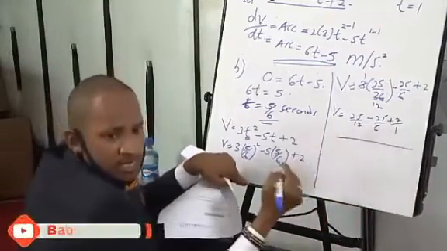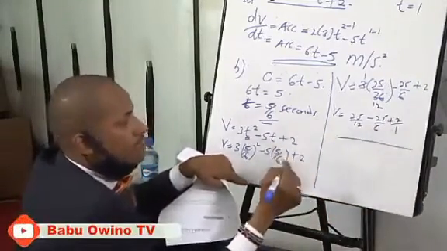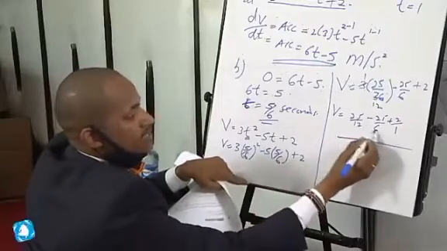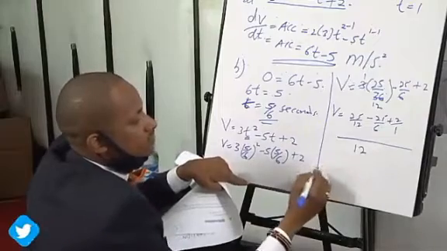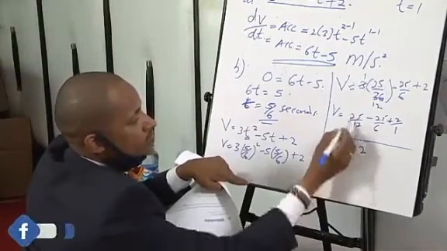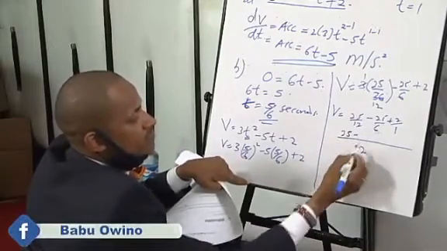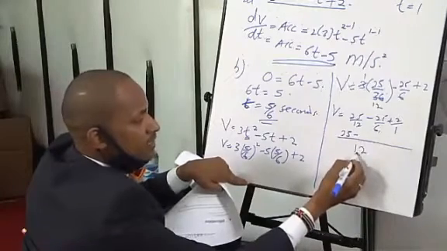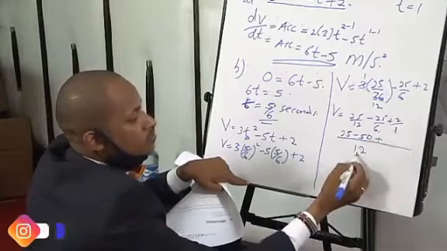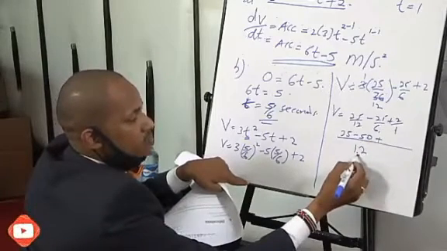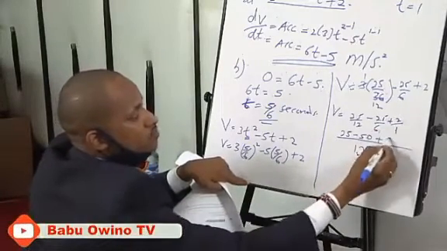You can either use a calculator to solve this or get the LCM of 12, 6, and 1, the least common multiple, which is 12. 12 goes into 12 once times 25 is 25, minus 12 into 6 twice times 25 is 50, plus 1 goes into 12 twelve times 2 is 24.